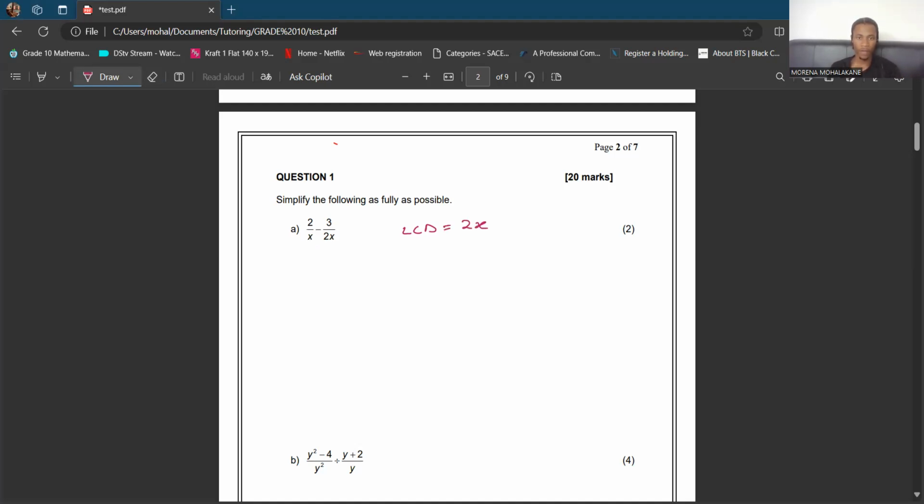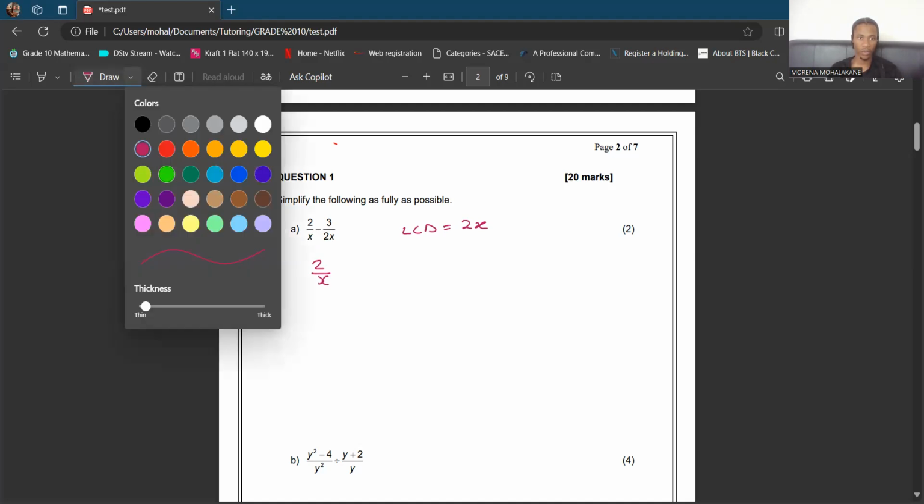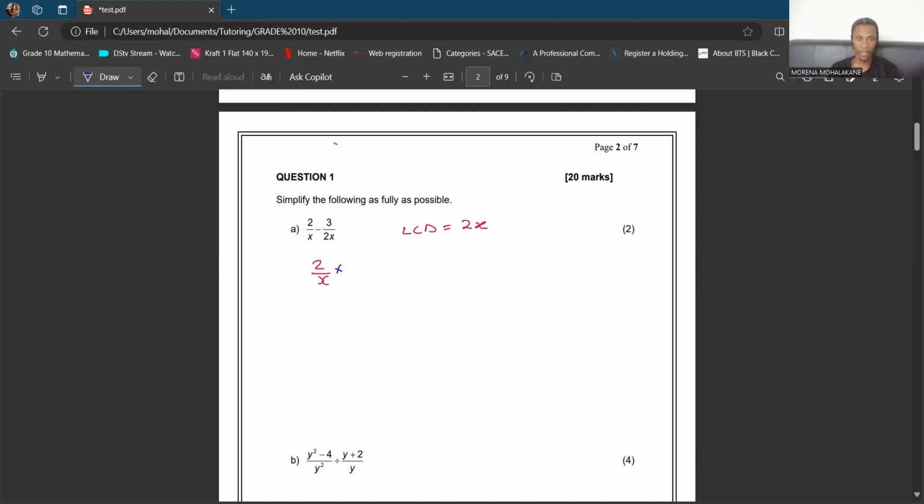Good. Now, for me to have the same denominator, I need to have 2 all over x. For x to be 2x, I have to multiply it by 2. So I'm going to multiply this by 2 all over 2.